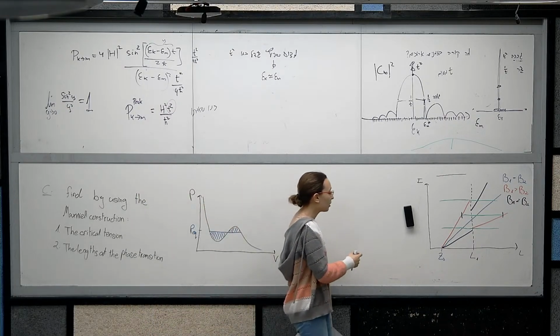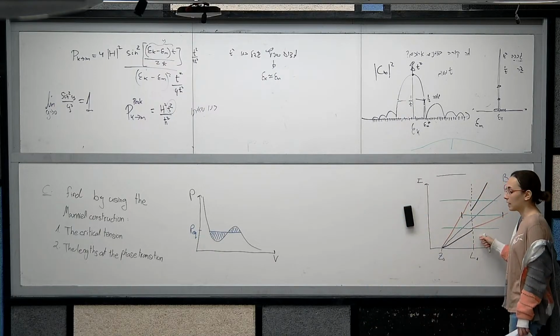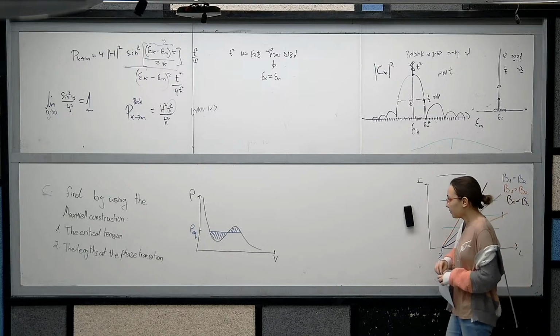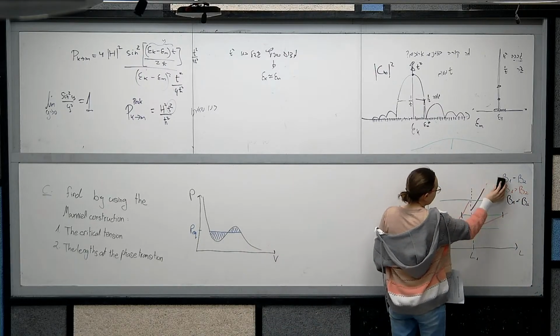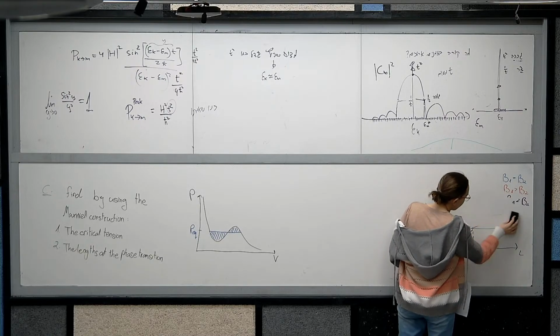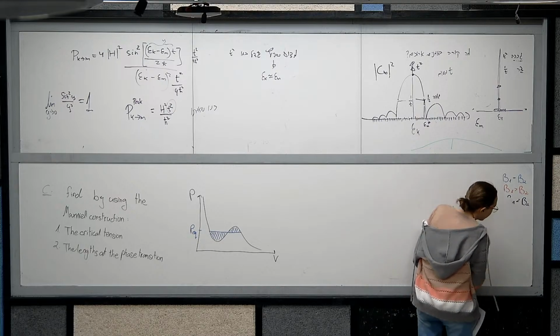So what will be the Maxwell construction in this case? Let's draw it again with only the relative relation between B1 and B2.